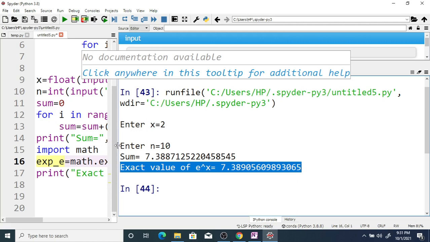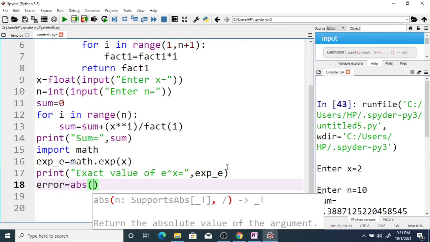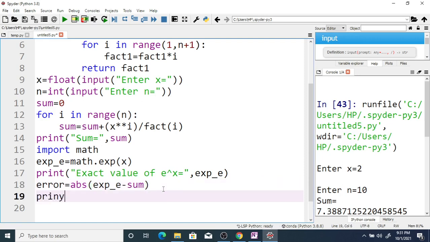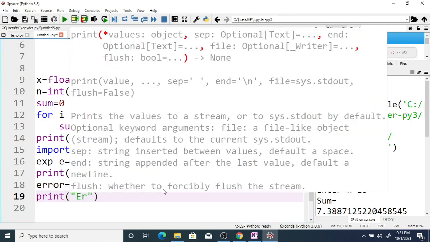You can also determine the error. So what is an error? Error is equal to absolute value of exponential exact value minus sum, and you can print this error. Print error is equal to error.